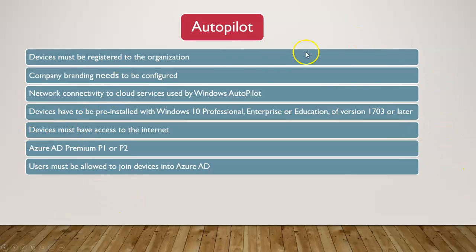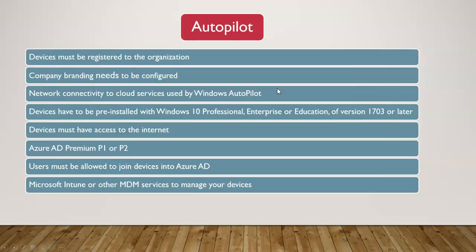So this is all about the different technologies behind Autopilot. The last but not least one is that you need to have Microsoft Intune as the mobile device management console for us.